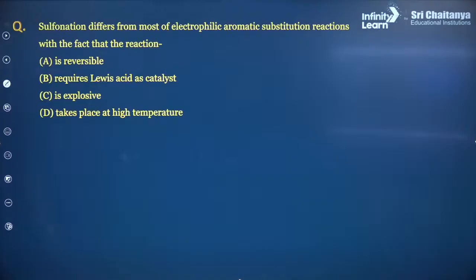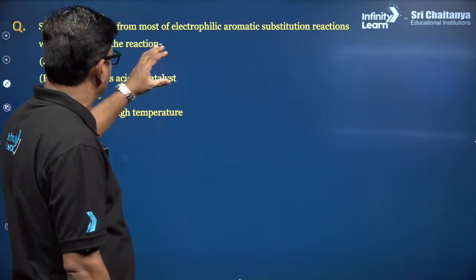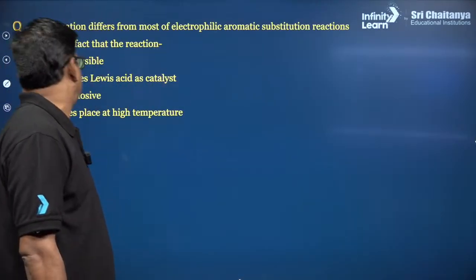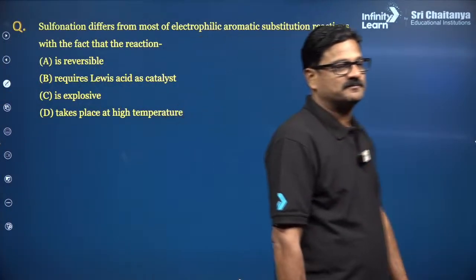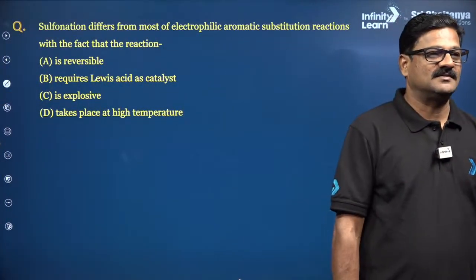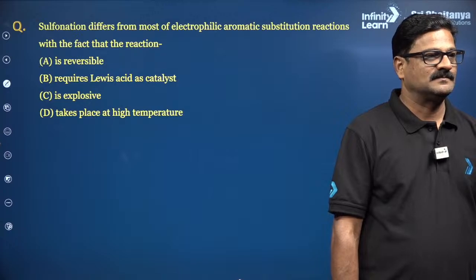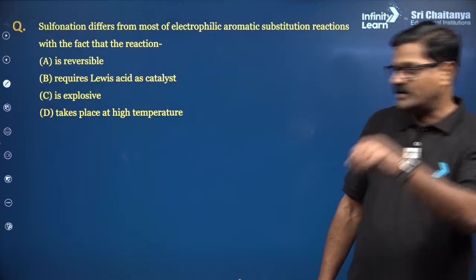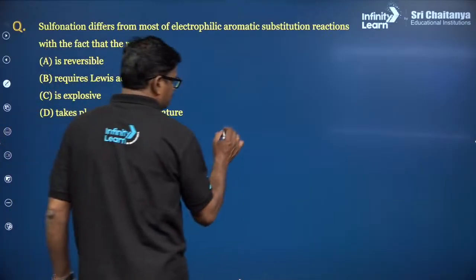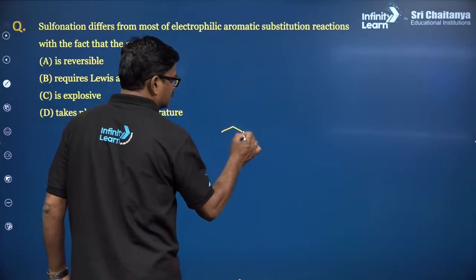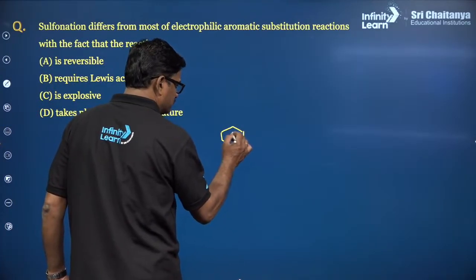Moving ahead, next question. Sulfonation differs from most of the electrophilic aromatic substitution reactions in the fact that the reaction is? Answer. There are 5 golden reactions of benzene. This is your benzene.